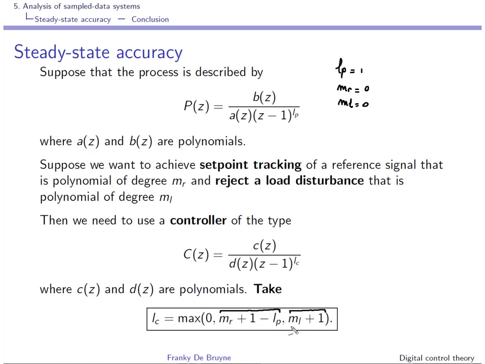So you need an integrator in the controller, despite the fact that you have already one in the process. You remember that for load disturbance rejection, the amount of integrators in the process does not matter. It's only influenced by the type of load disturbance that you want to reject.